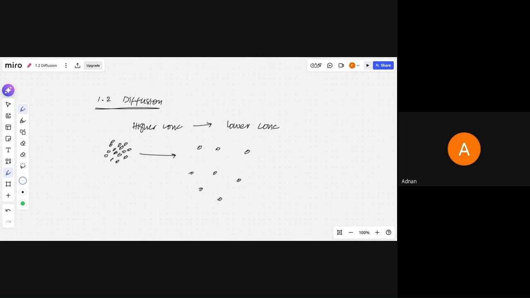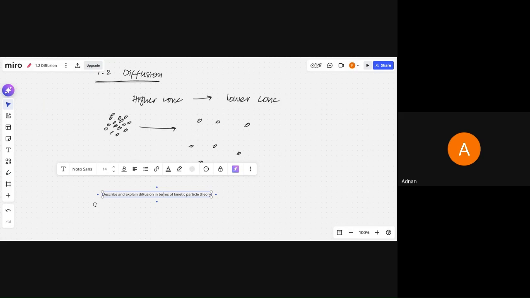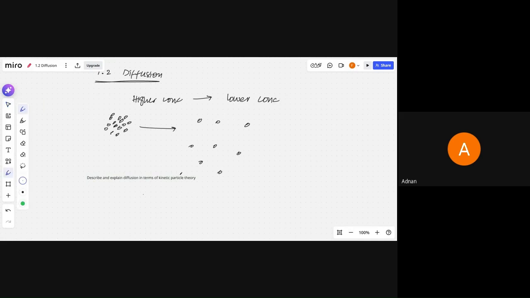In IGCSE Cambridge Chemistry, this topic is explained under two subtopics. Let me just paste the headings on the whiteboard. The first one is: describe and explain diffusion in terms of kinetic particle theory.